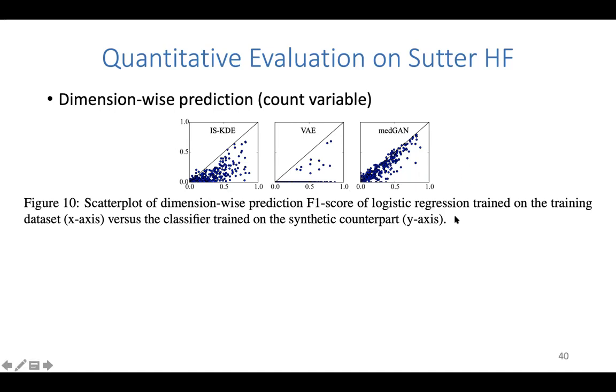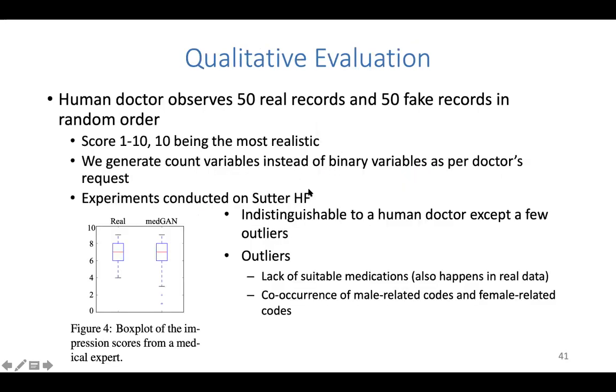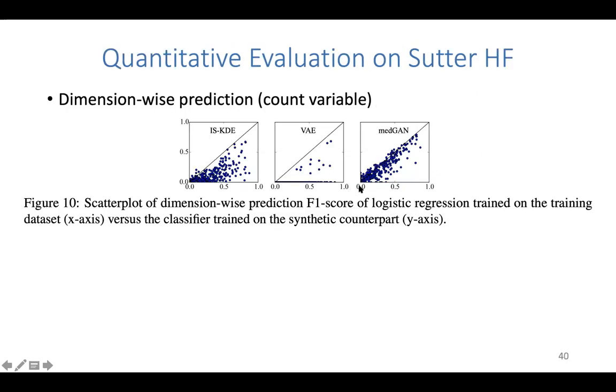It should be MSE of linear regression if we want to actually predict the count variable. But anyway, I guess this is a typo. But anyway, compared to independent sampling and VAE, MedGAN does a way better job of predicting the count variable of a specific feature based on all the other features.